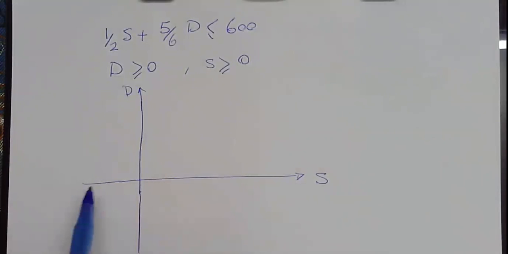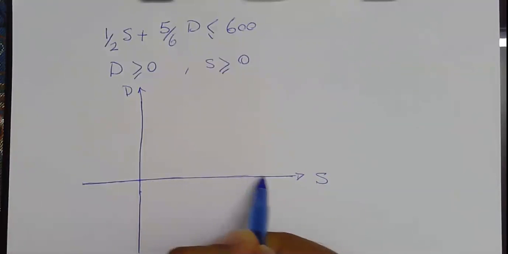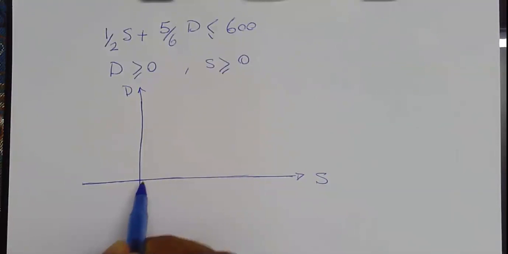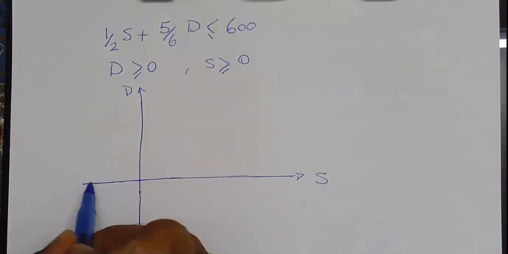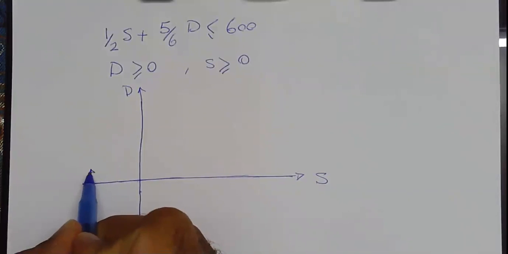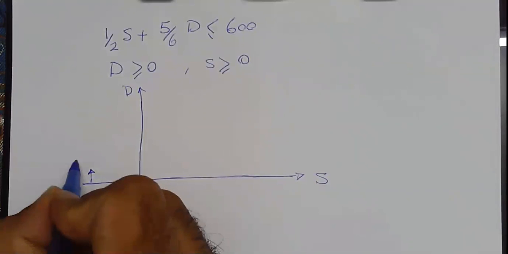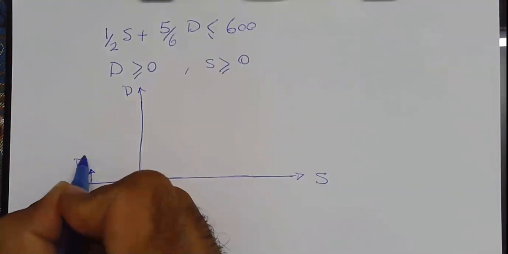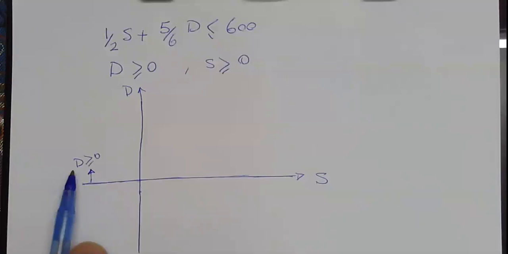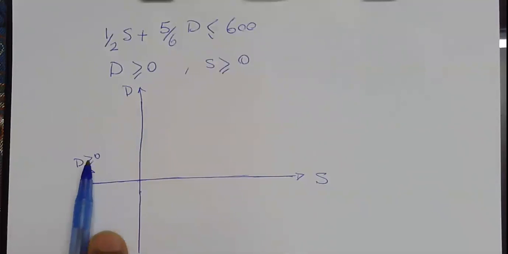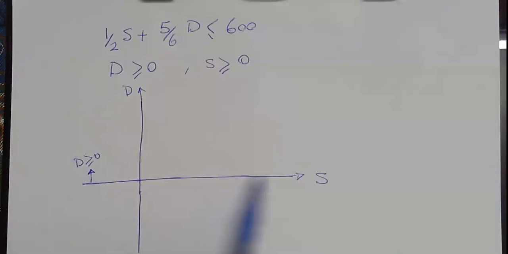So this is the axis for D. Any point above this horizontal line that passes through the origin has a D value greater than or equal to 0.